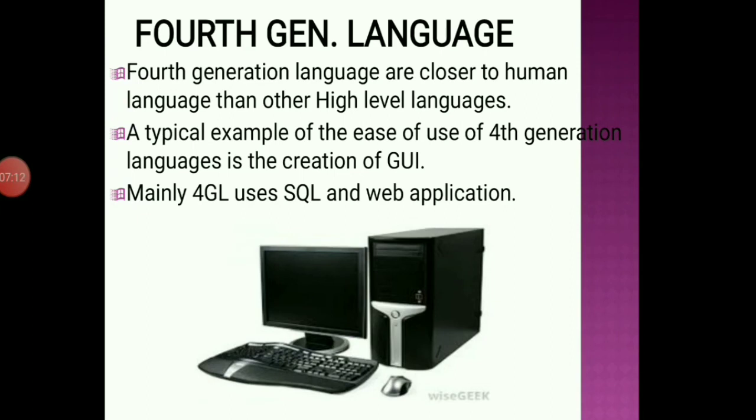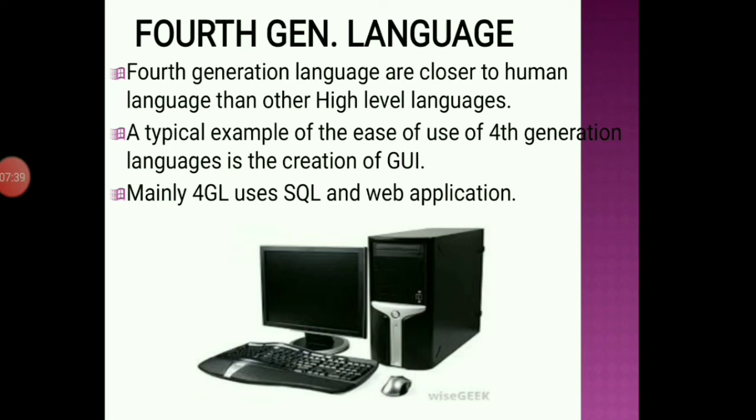Let's move to our next heading, that is the fourth generation of languages. Fourth generation languages are closer to human language than the high level languages. Typically, they are easier to learn and write. These programming languages are designed to reduce the overall time, effort and cost of software development.